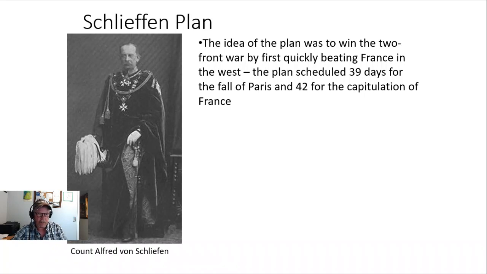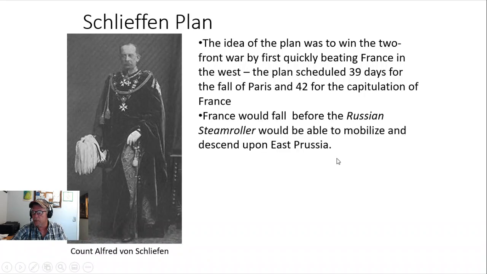The Brits, right? And the Russians. And so we've got the Russians over on the other front. So that's a problem. So we've got to kick the French in the tail, win, have them surrender so that we can redeploy back to the Eastern Front and stop the Russians before they can push into our territory.